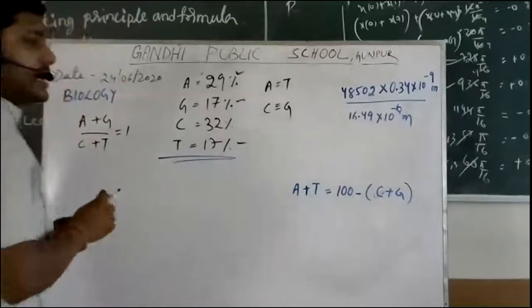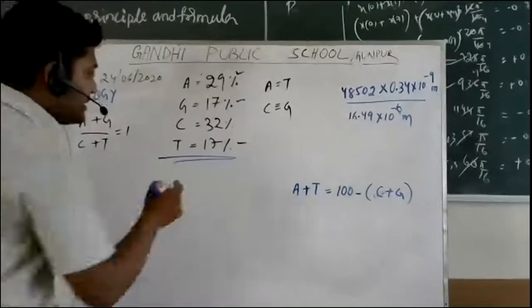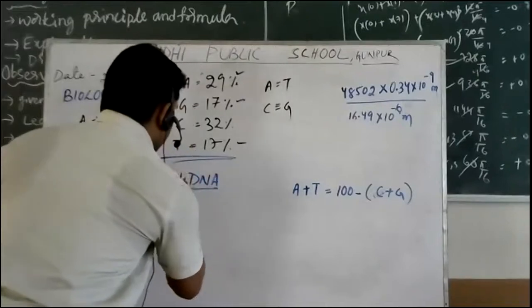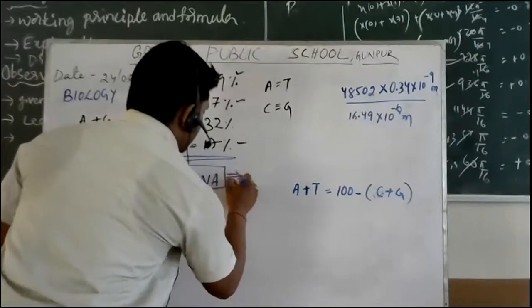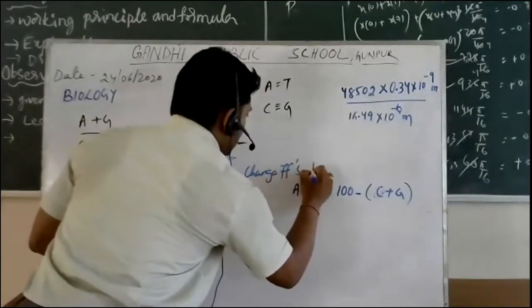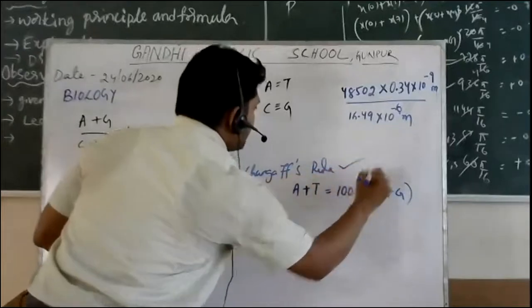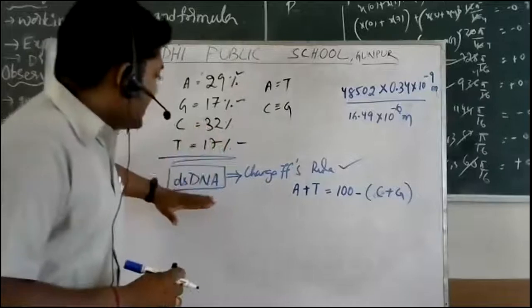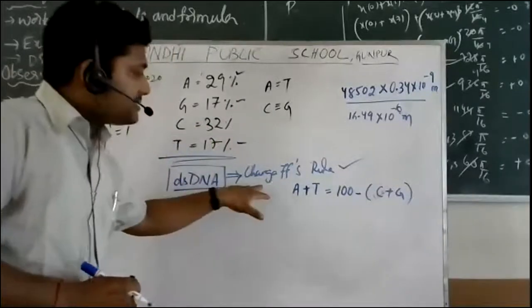Why? Because Chargaff's law is going to be satisfied by double stranded DNA. Only if you have a double stranded DNA is Chargaff's rule going to be implemented. If it is not a double stranded DNA, then it will not satisfy the Chargaff rule.